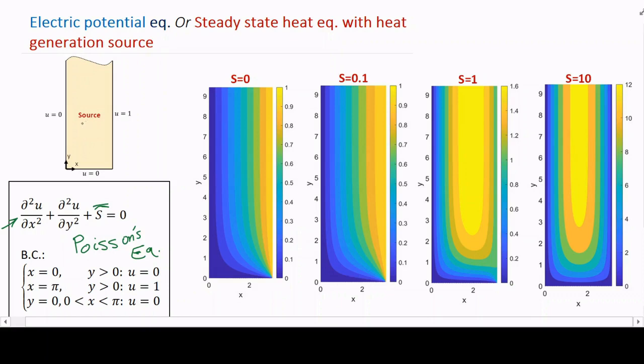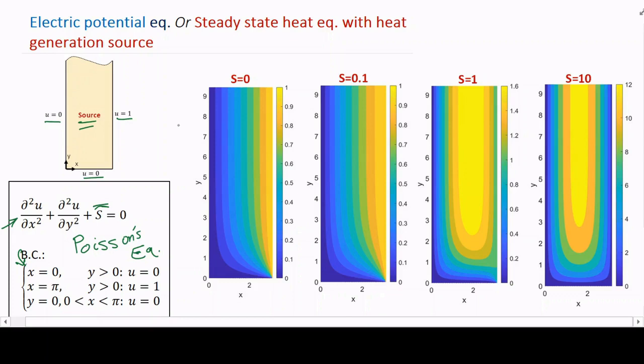Let's say, for example, we have a heat generator inside this material, and we apply this type of boundary condition on the left hand side. So u equals 0 here, on the lower side u equals 0, and on the right hand side u equals 1. These three boundary conditions are listed here. These are the boundary conditions that we specify for this specific example.